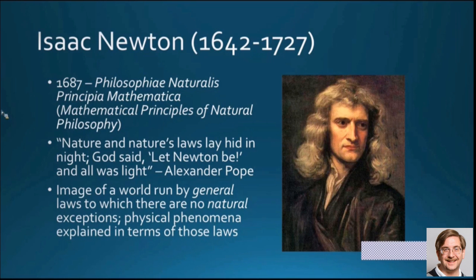Physical phenomena are explained in terms of those laws, like the law of gravity or the law of action and reaction. Newton picked up pieces of what other people had been doing in the history of science: Descartes, Kepler, Galileo himself. He chose just the right elements from these other thinkers and he synthesized them. He put them together. And for that reason, what Newton achieved is sometimes called the Newtonian synthesis.